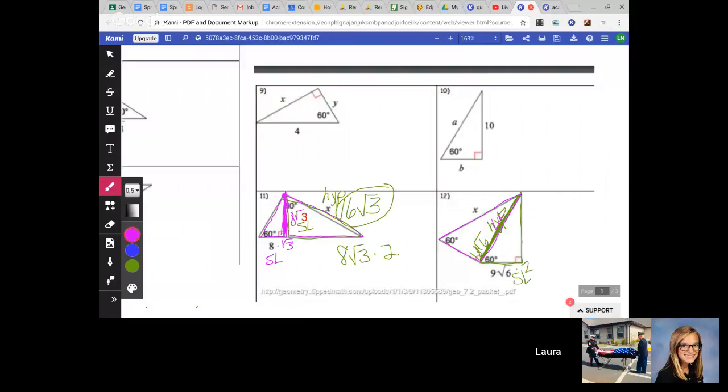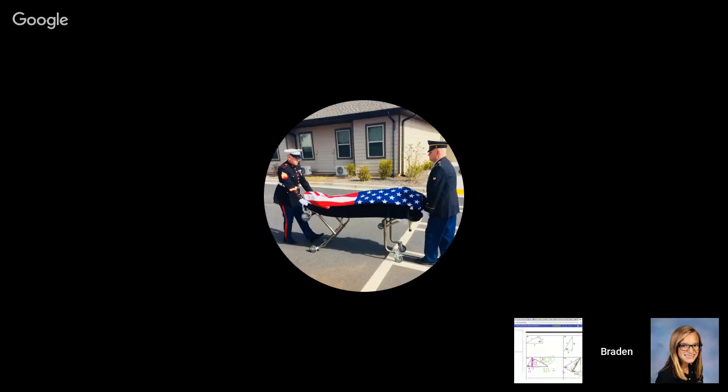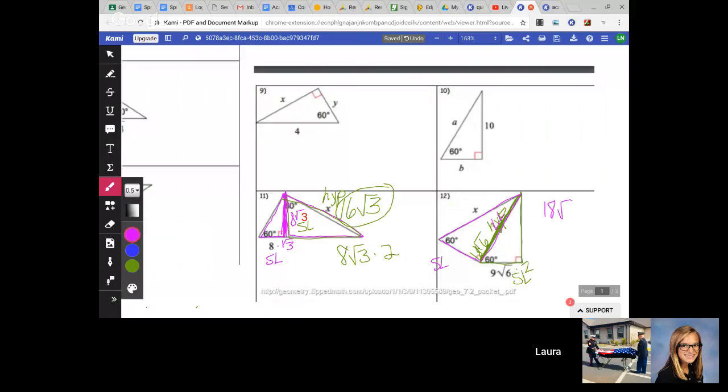So to get from long leg to your short leg, what do you do? You divide by root 3. So 18 root 6 divided by root 3. We haven't had a ton like this, but when you are under a radical, those two numbers under the radical can reduce as well. Just like if it was a regular fraction, 6 over 3, you would reduce it.